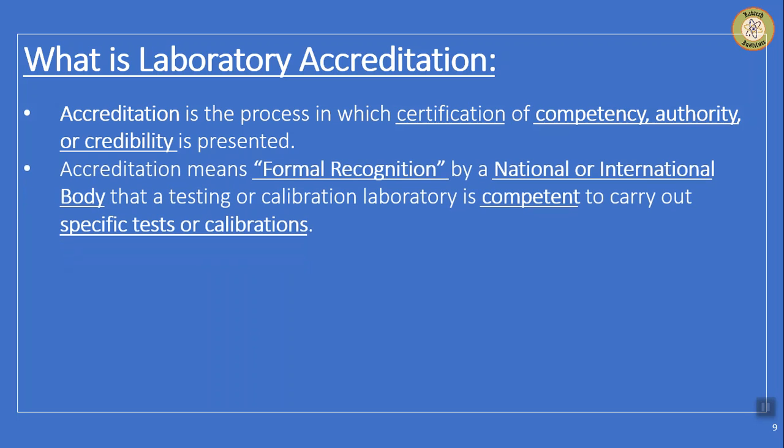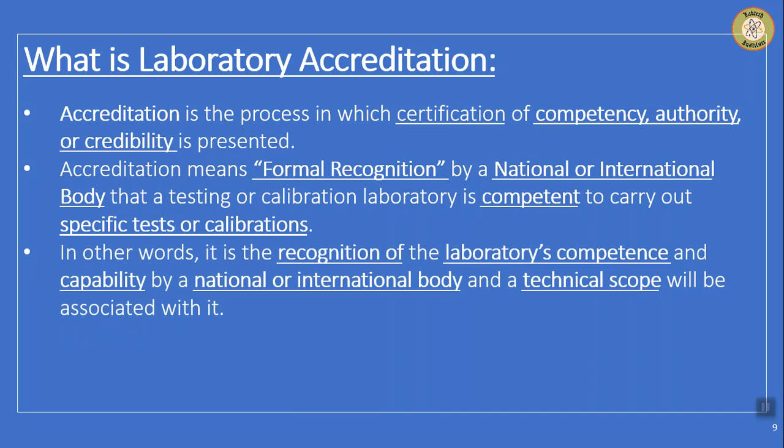Accreditation means formal recognition by a national or international body that a testing or calibration laboratory is competent to carry out specific tests or calibrations. In other words, it is the recognition of laboratory's competence and capability by a national or international body, and a technical scope will be associated with it.